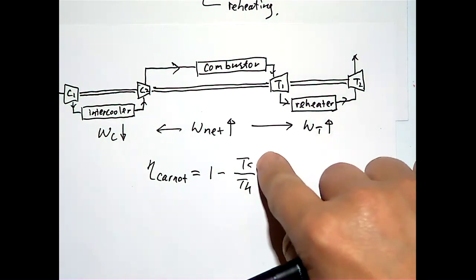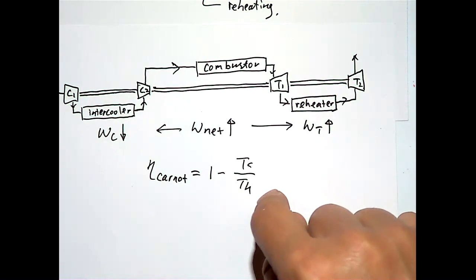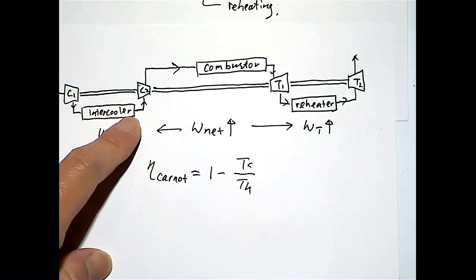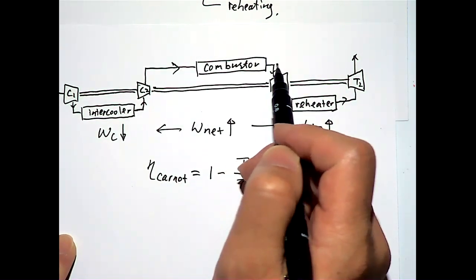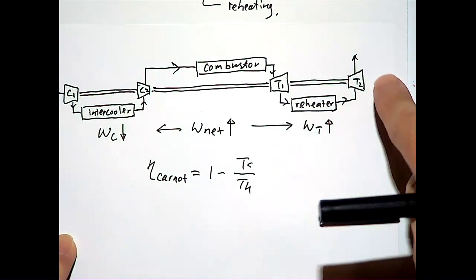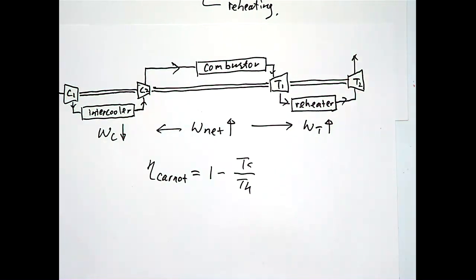So this is the temperature of the cold reservoir and the temperature of the hot reservoir, right? So by putting an intercooler here, so the TH is here, right? TH is the temperature leaving the combustor. That's the hot temperature, and the T cold is the temperature leaving the turbine.